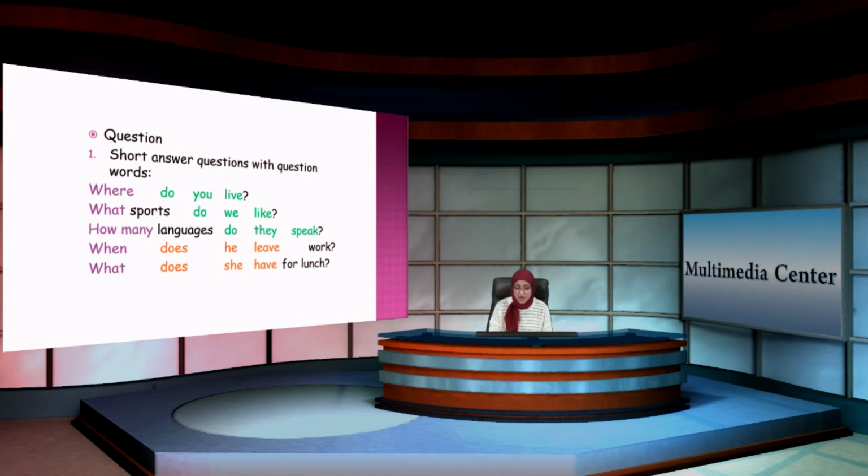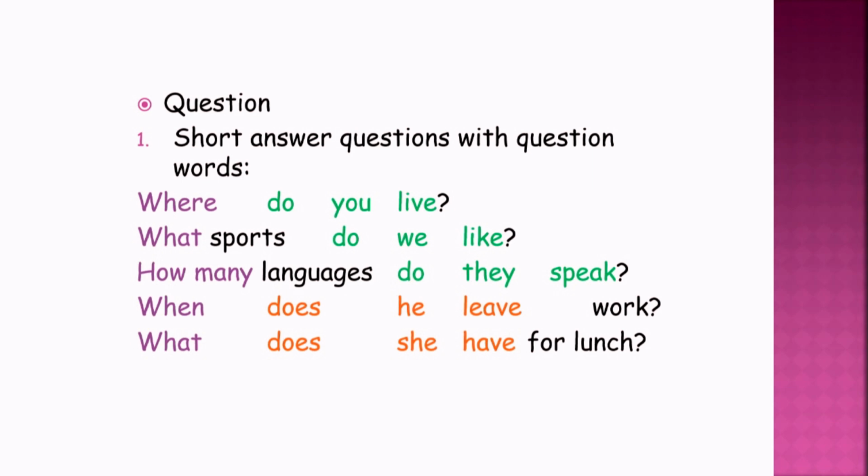That is to say, where, what, how many, when, and the other question words, for example, why, how much, etc. Here, the WH word is followed by what we call a subject-verb inversion. We follow the question word with the auxiliary verb according to the subject, then the subject, then the main verb should be in its base form.